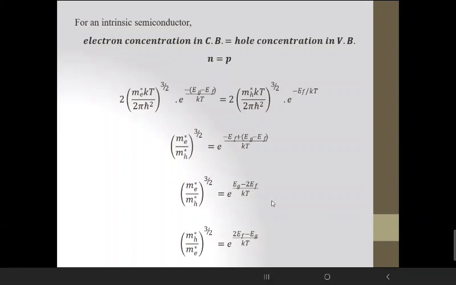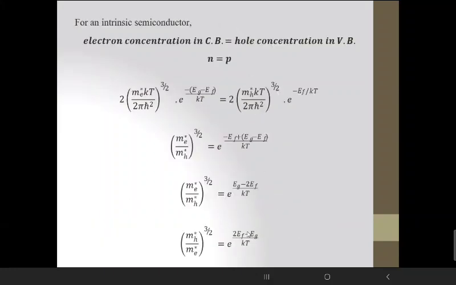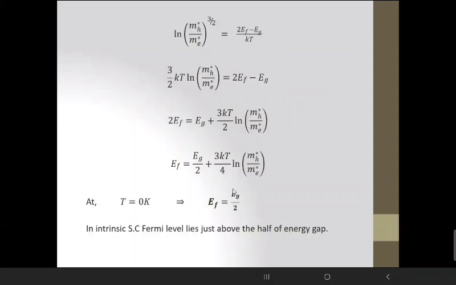So from this formula, you can find out the Fermi energy. mh star over me star to the power 3 by 2 is equal to exponential of (2Ef minus Eg) over kT. When you take ln on both sides, you can eliminate the exponential.